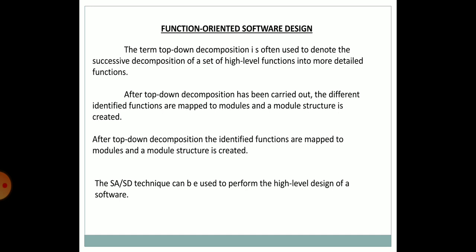So this term is used to denote the splitting up of the overall functionalities and responsibilities of the software into different modules or functions. After top-down decomposition has been carried out, the identified functions are mapped to modules and a module structure is created. This module structure possesses all the characteristics of a good design.